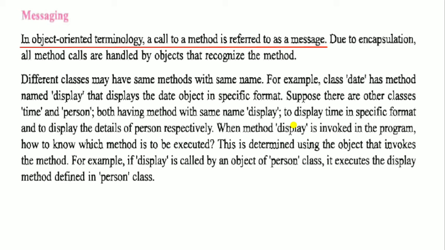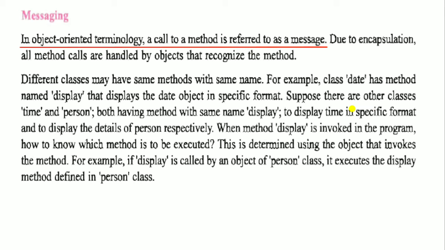Different classes may use the same method name. For example, class Date has a method named display that displays the date object in a specific format. Suppose there are other classes, Time and Person, both having a method with the same name.